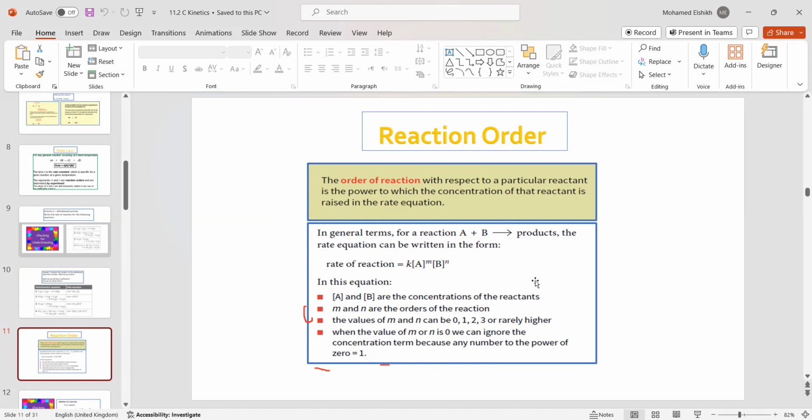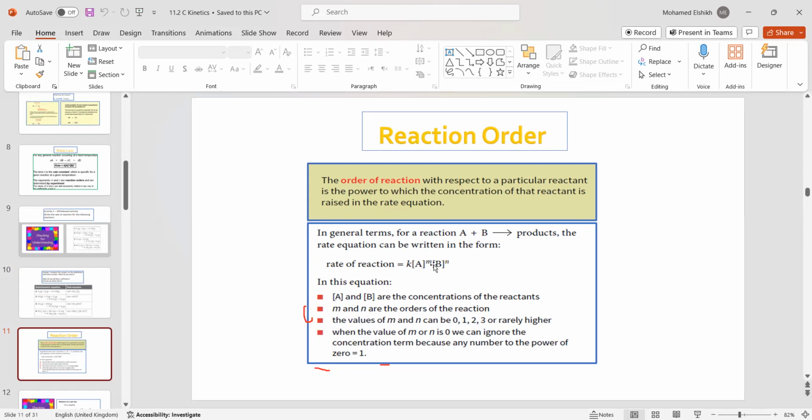Again, if the M value is 2, for example, we'll say the reaction order of this chemical reaction in relation to the reactant A is 2. If this is 1, the reaction order of this reaction in relation to reactant B is 1.